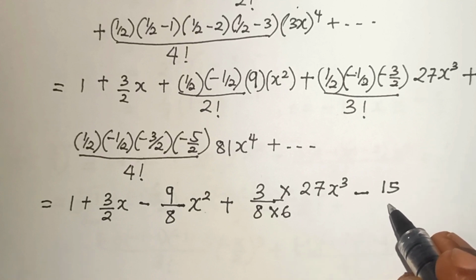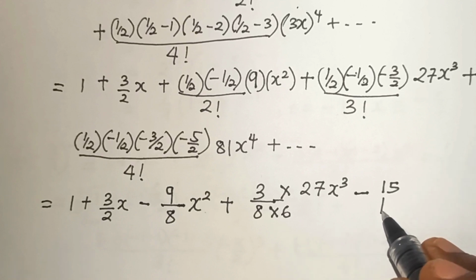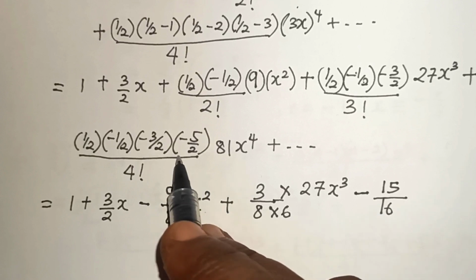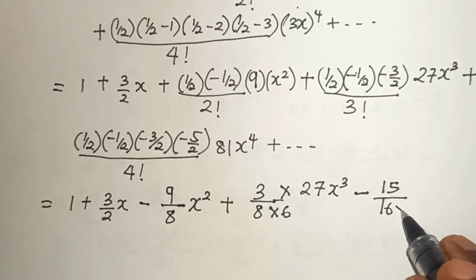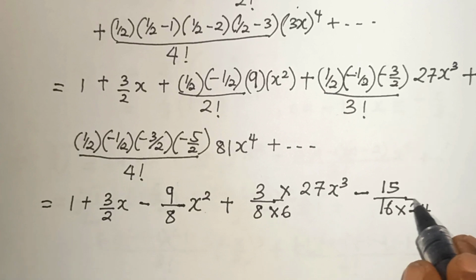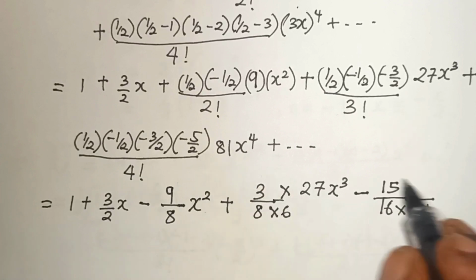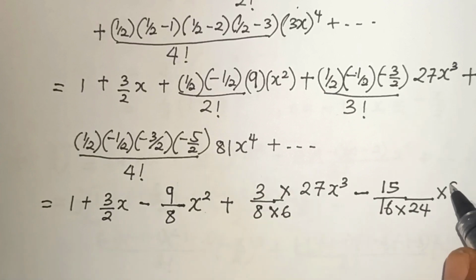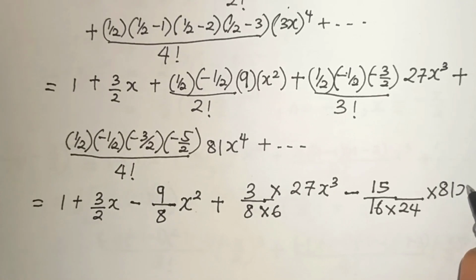That's 2 raised to the power 4. So I have 15 over 16 times 4 factorial is 24 multiplied by 81 x to the power 4.